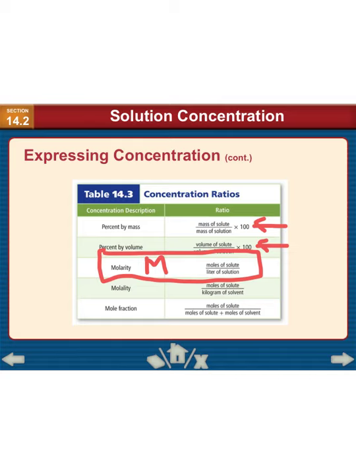Another one that is useful, you'll see more in biology even, is something called molality, and that's the moles of the solute divided by the kilograms of the solvent. Again, the solvent oftentimes is water.